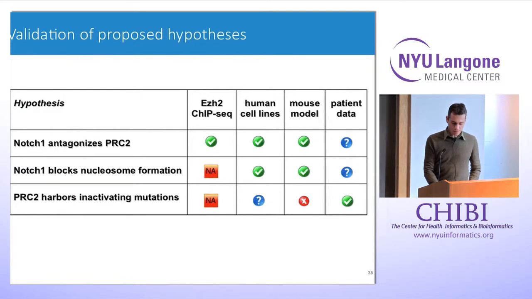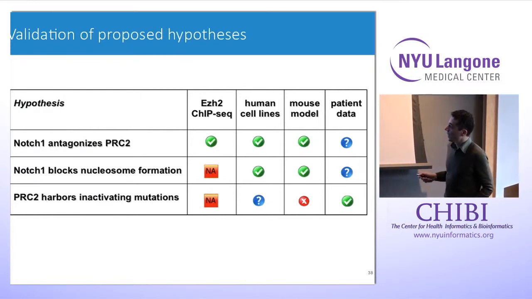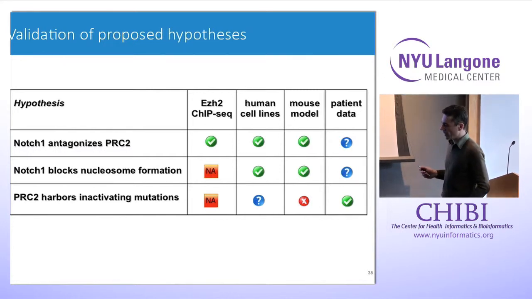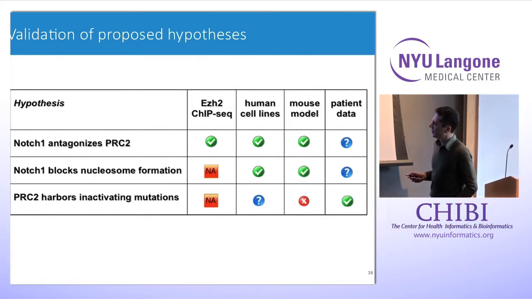That was nice. And this is a summary of the different hypotheses we had. Notch antagonizes PRC2, evicts EZH2 as Harris asked, so we had experimental data for that. Panos did the experiments, of course, and some other experiments.